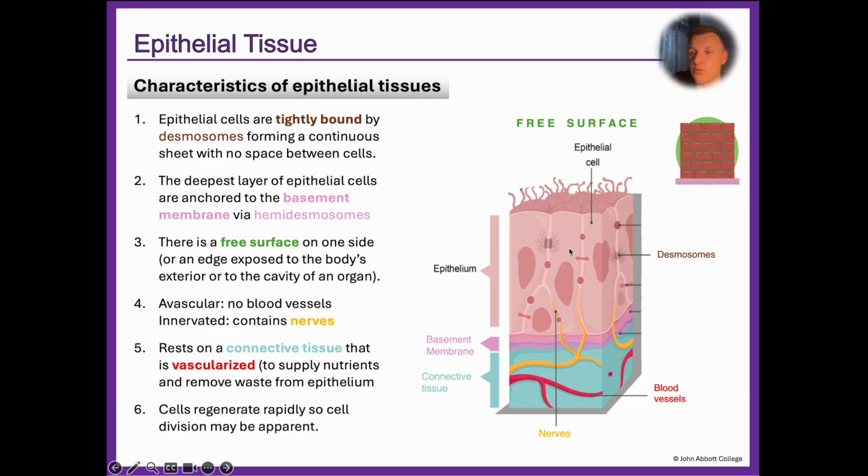When these cells make waste like CO2, it takes the CO2 and puts it back into the blood and removes it, right? So it's essential that the connective tissue is vascularized and close to the epithelium because it needs to provide the epithelium on top with blood, right?